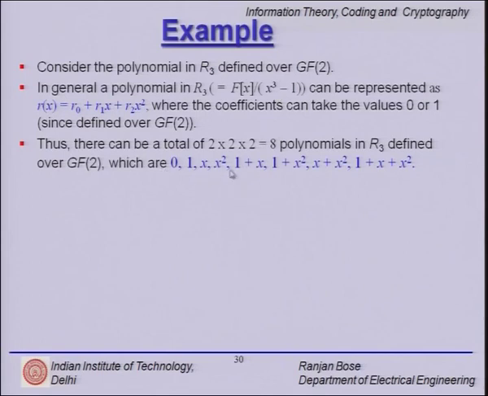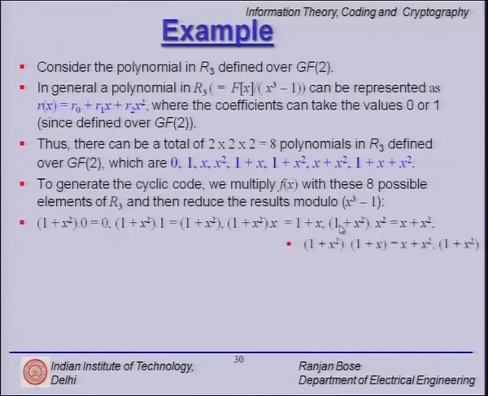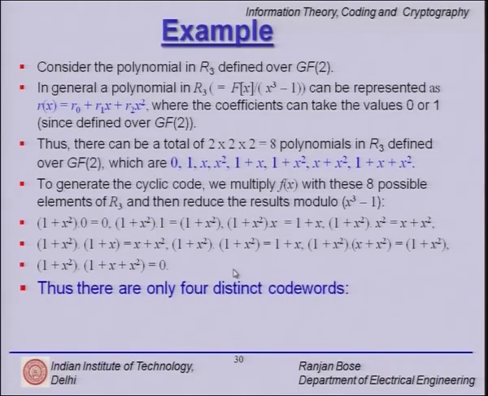So, there are 8 possible polynomials. Then we can multiply each one. So, if you take x squared plus 1, you multiply by 0, you get a 0, by 1, by x, and so on and so forth. You can try out all the possible combinations, and you get only 4 distinct code words coming out of it.